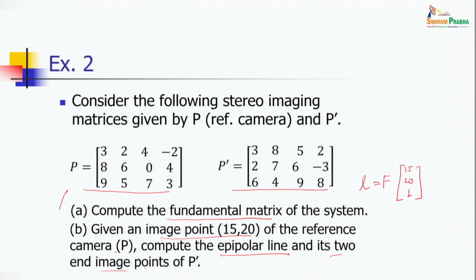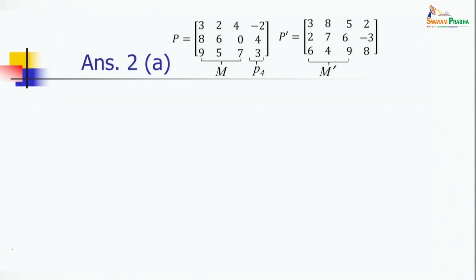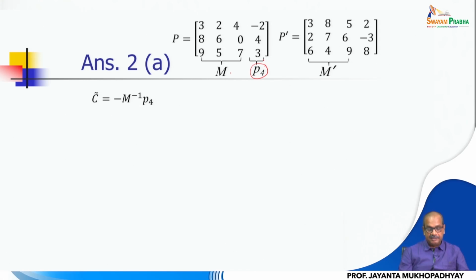To consider this problem, we have already discussed and understood plane induced homography, so we will quickly see how we can do it. First, these are the structures we are using, say M, and instead of small m I am using P4. So the camera centers we can compute.